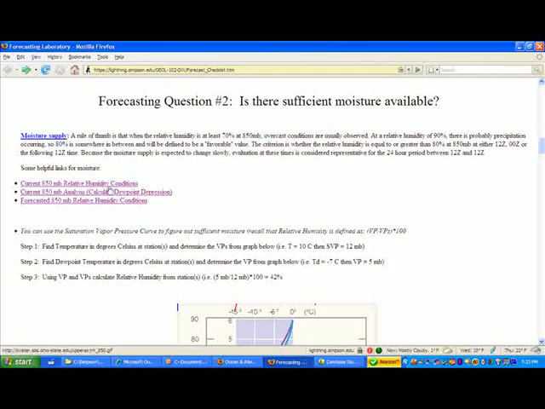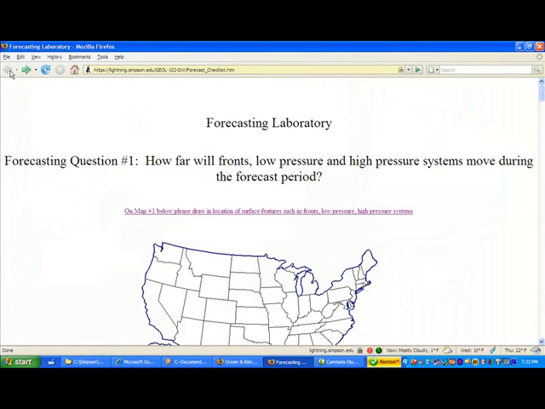I have looked at relative humidity at 12Z this morning, and in fact the computer models are moving all of this higher relative humidity off to the east and bringing in this drier air. Now what would be nice is if I could take a look at a map that had dewpoint depressions, because recall what I said about dewpoint depressions. Anything less than 10 degrees Celsius is considered moist.